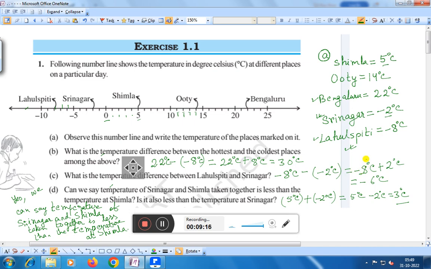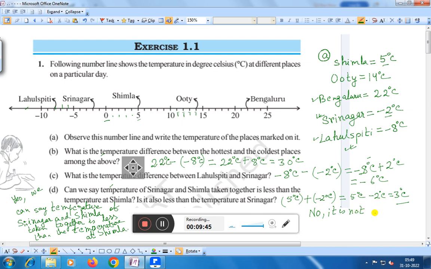Next question, answer is no, it is not less. Is it also less than the temperature at Srinagar? The temperature of Srinagar is minus 2 degrees centigrade. Is it less than the temperature?